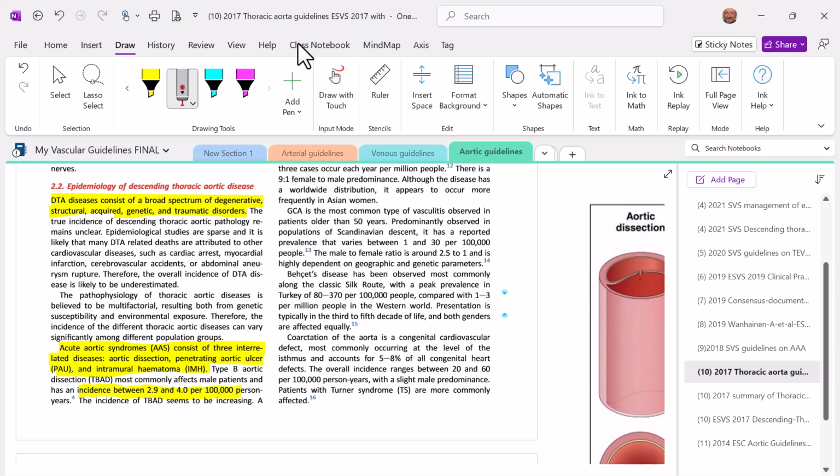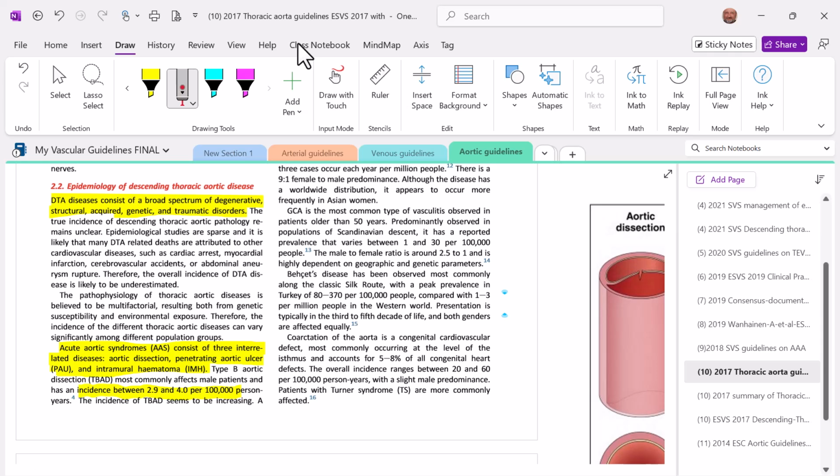Because sometimes dissection can be converted into a hematoma, and then it can go back to a dissection flap that you can see again. Again, aortic ulcer can go into hematoma if the ulcer has healed. So they are interrelated, and this is very important.